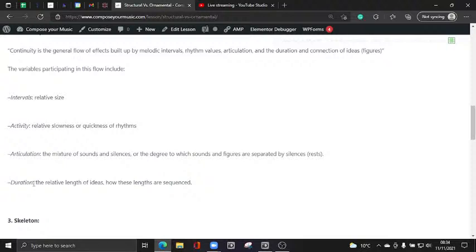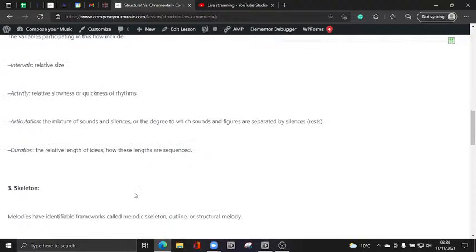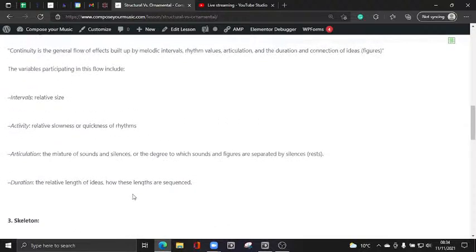And the relative length of ideas, because in a long motif you can have maybe two or three ideas, and how these lengths are going to be sequenced when you develop something. This maybe is a point in which we are going to work further. So far, more or less? So good?